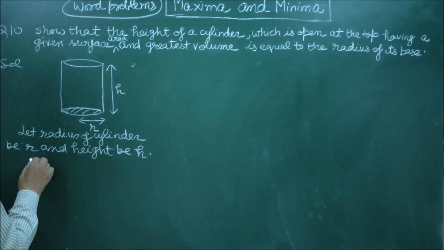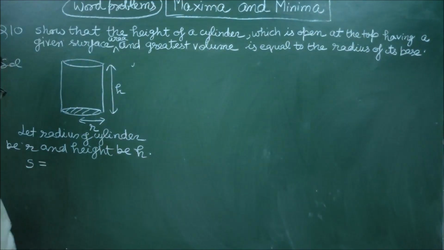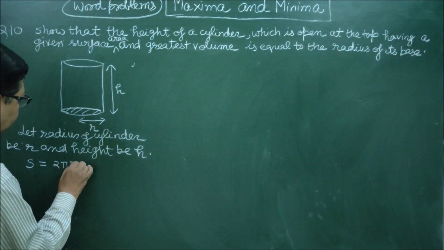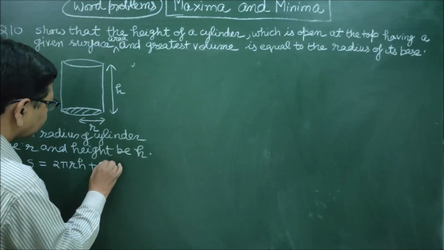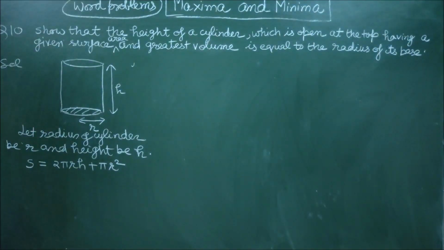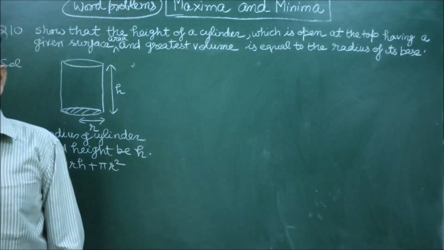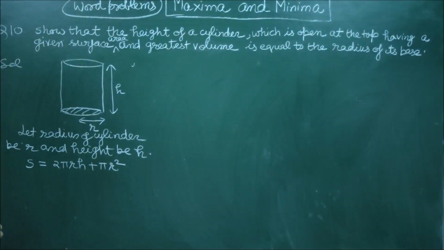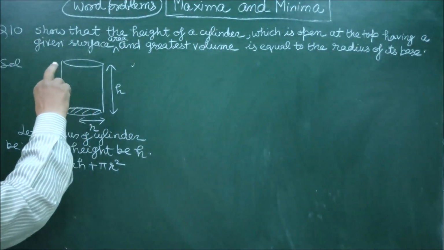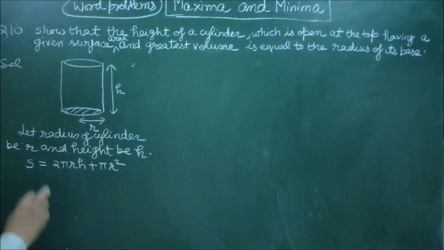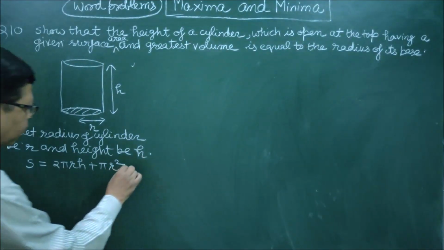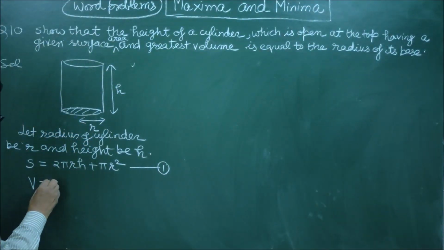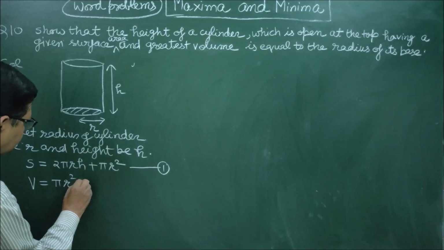So if the surface area is denoted by S, S is equal to 2 pi r h plus area of base, and this S, while differentiating the function, will be treated as a constant. Now the volume is to be maximum, greatest volume. So let us write the formula for the volume. V is equal to pi r square h.